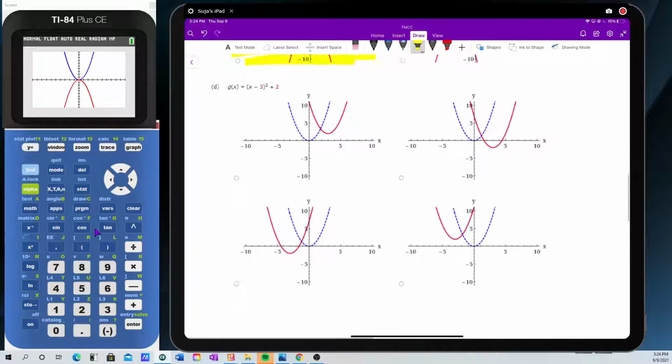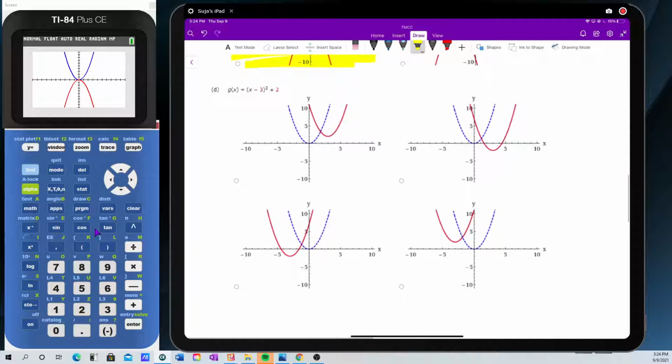One more here. In this one, you have 2 transformations. One is a vertical shift, which is this vertical shift up 2 units.